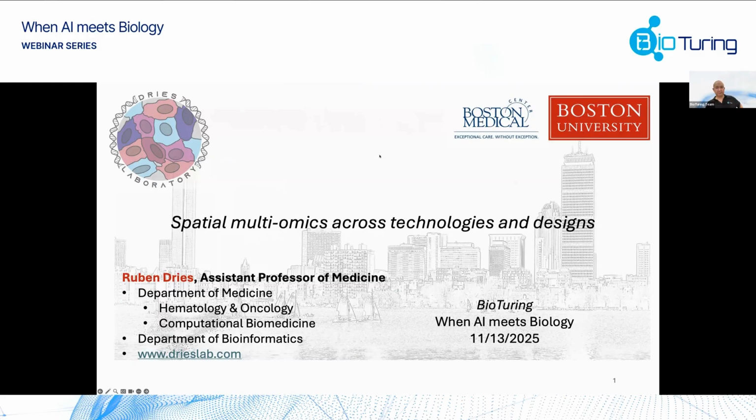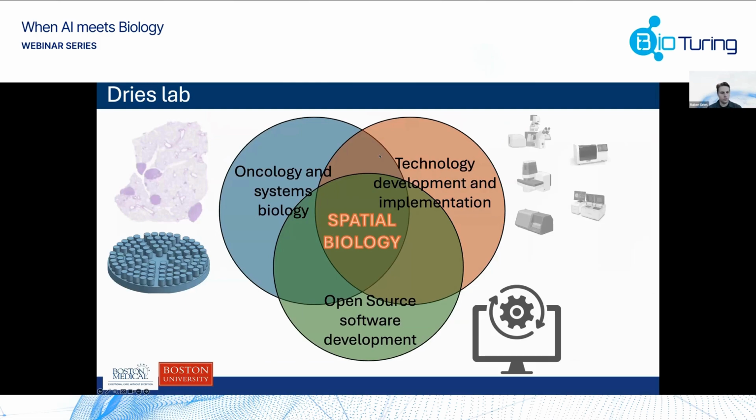My lab started about 5 years ago at BU. It's all about spatial biology, but we approach it from multiple angles. I love technology, and I love to implement new technologies, especially spatial technology. But it's always with a larger question about oncology or systems biology in mind, or an idea that we see in the clinic that we need to improve.